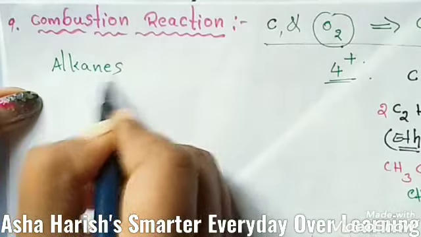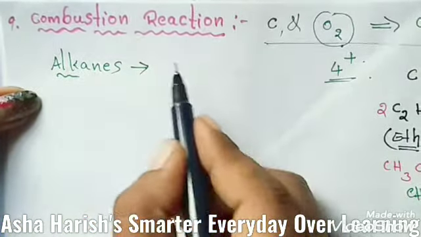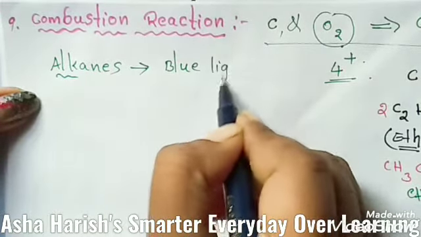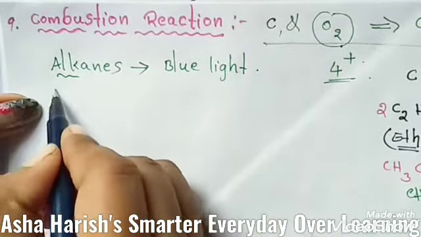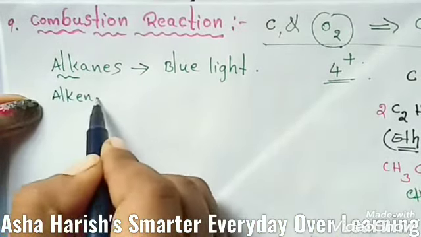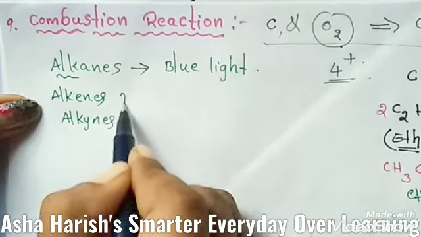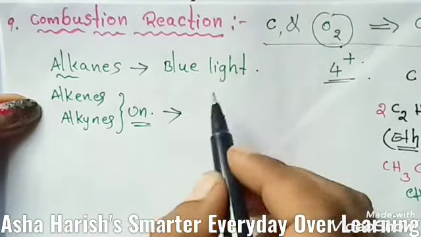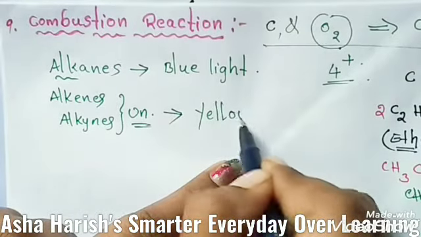Alkanes only, the saturated hydrocarbons, burn with a clear blue flame, whereas unsaturated hydrocarbons, nothing but alkenes and alkynes, both are unsaturated, give a yellow colored flame.